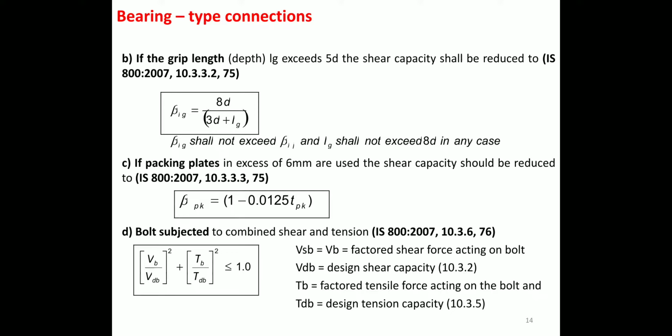VB, also denoted by VSB, is the factored shear force acting on the bolt. VDB is the design shear capacity as per IS 800 2007, 10.3.2. TB is the factored tensile force acting on the bolt and TDB is the design tension capacity as per 10.3.5.